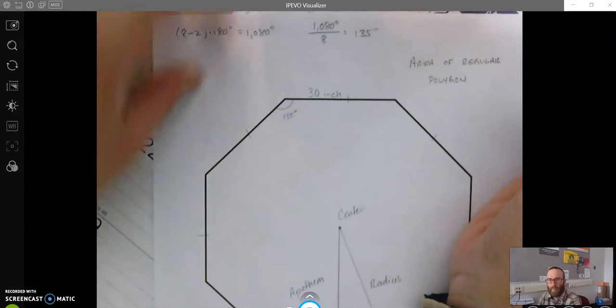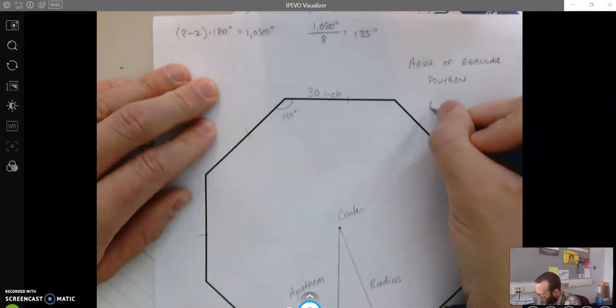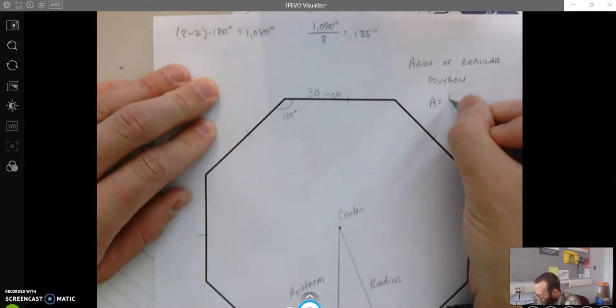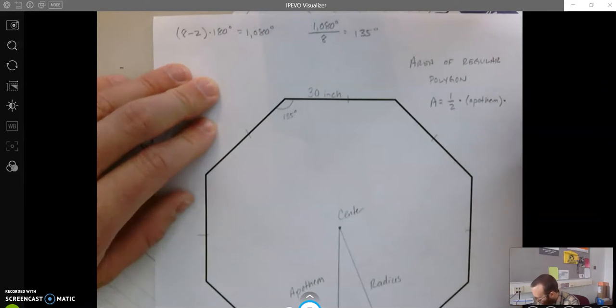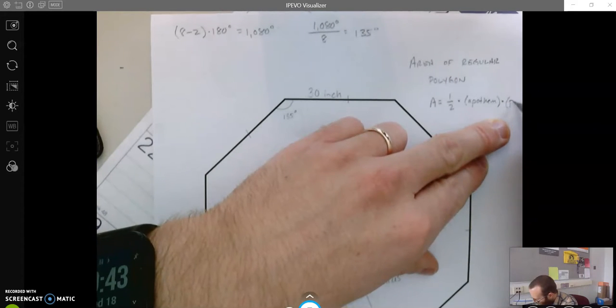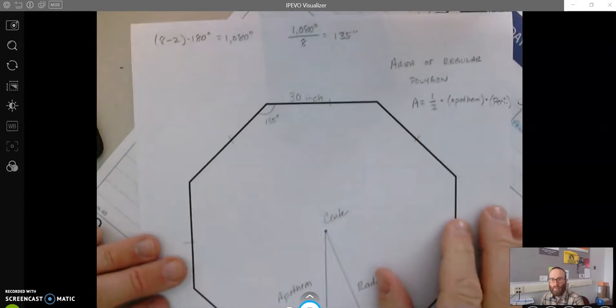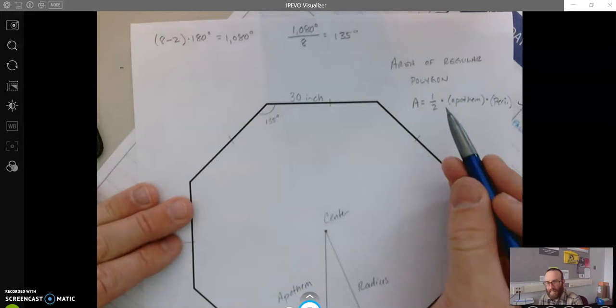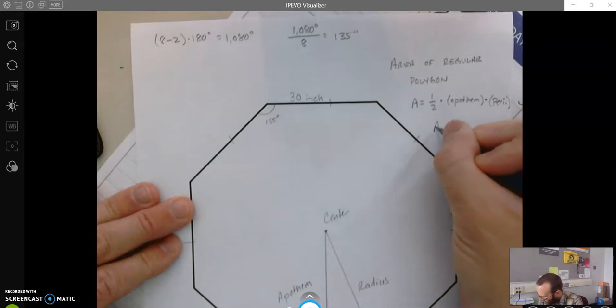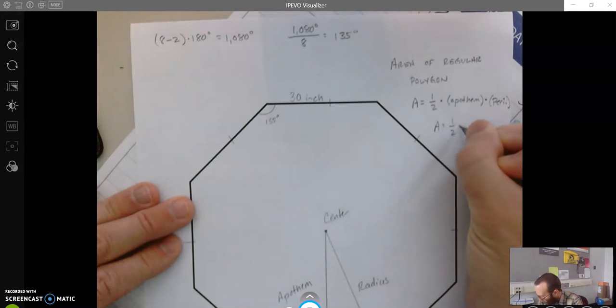A equals 1/2 times the apothem times the perimeter. Shorthand, 1/2 times a times a capital P.